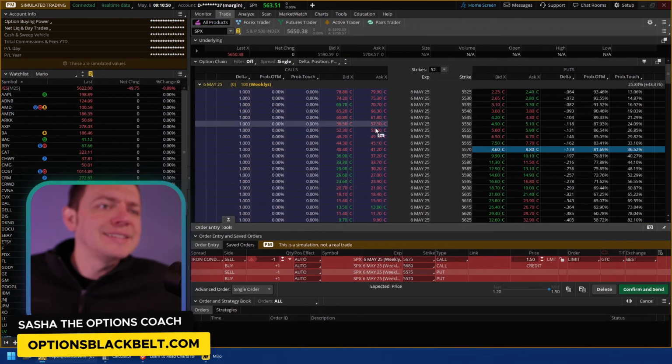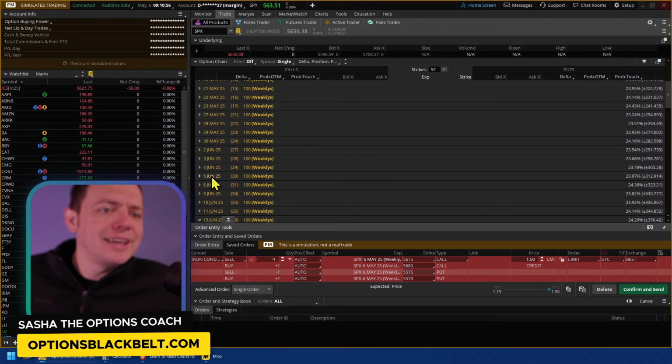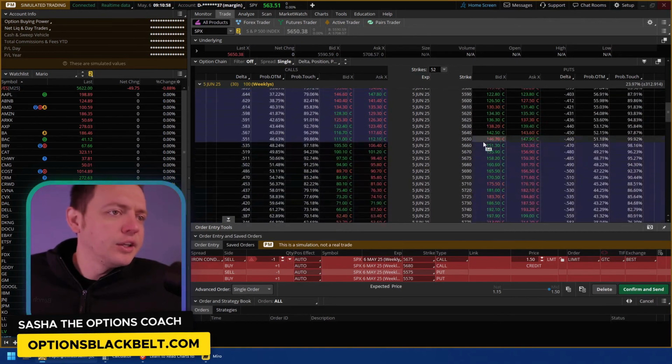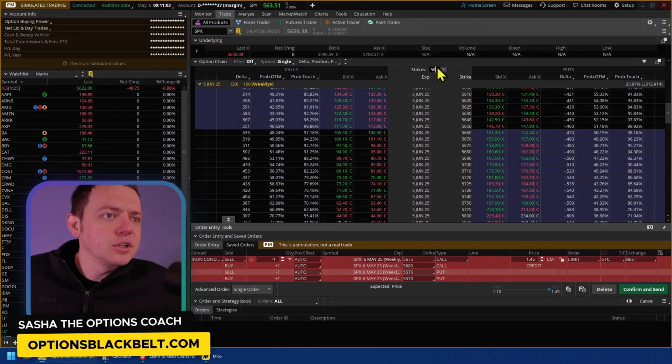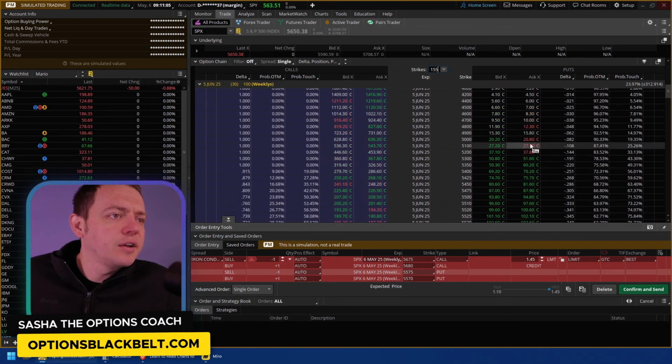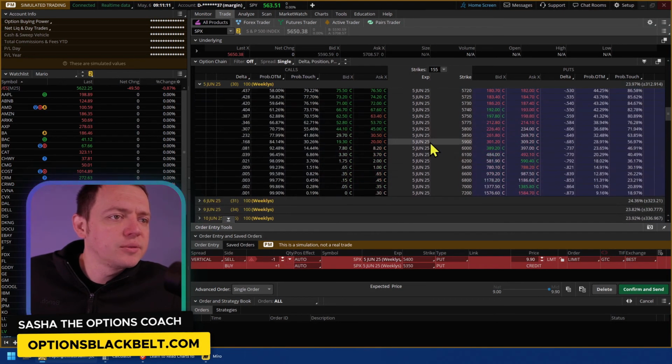But with 0 day, there's not a lot of room to wiggle and adjust, because here this option contract's $51. On a 30 day, you're going in at $146. So if I go in and start, let's go 155. We start building this iron condor, and I'm going to go 50 wide because that's what's available here for now.